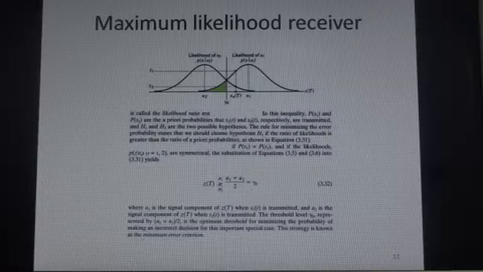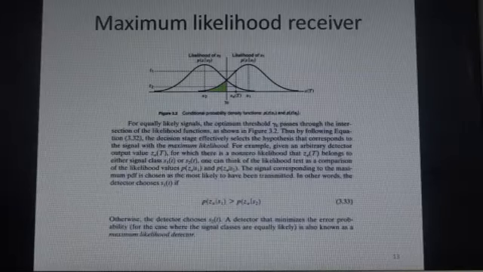This is the optimum threshold for minimizing the probability of making an incorrect decision for the important special case. This strategy is known as the minimum error criterion. For equally likely signals, the optimum threshold gamma naught passes through the intersection of the likelihood functions, as shown in the figure above. Thus, the decision stage effectively selects the hypothesis that corresponds to the signal with maximum likelihood.